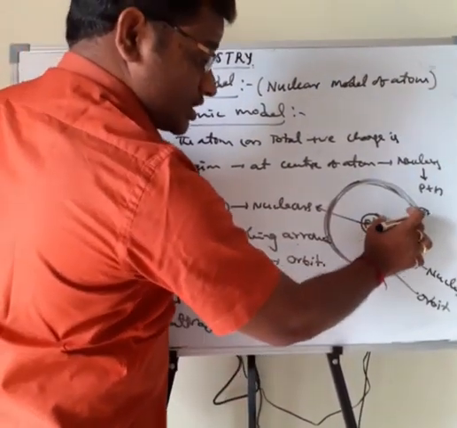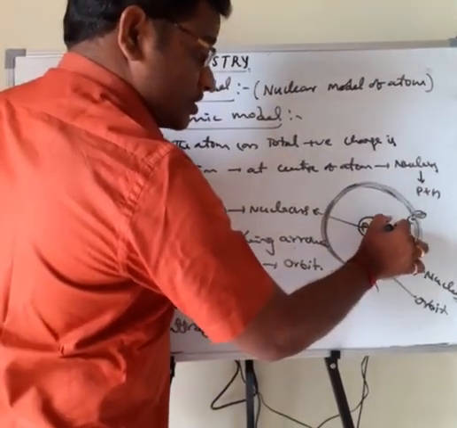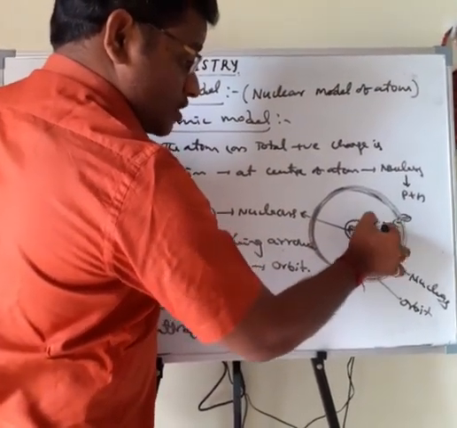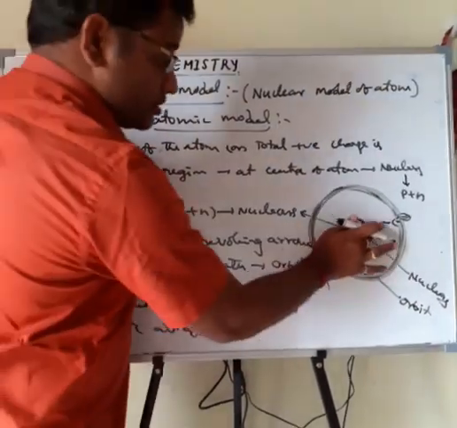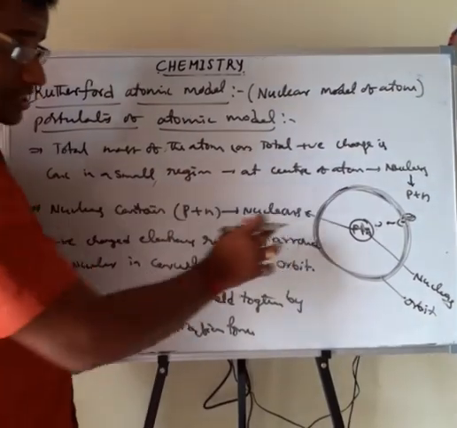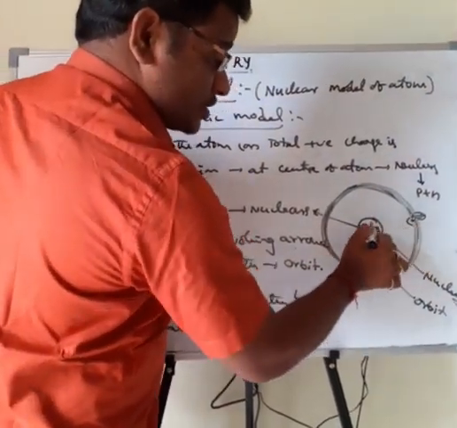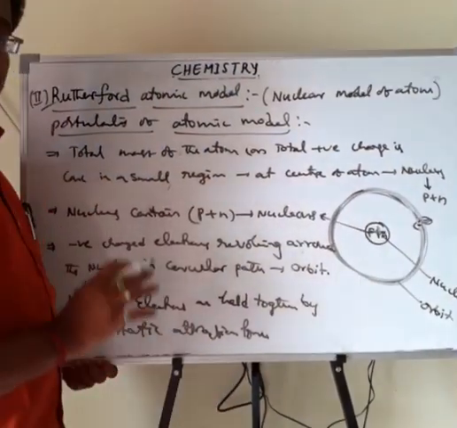Generally positive and negative charges attract each other, so the nucleus attracts the electrons. But here that type of simple attraction is not there, because the electrons and the nucleus are held together by the electrostatic attraction force.